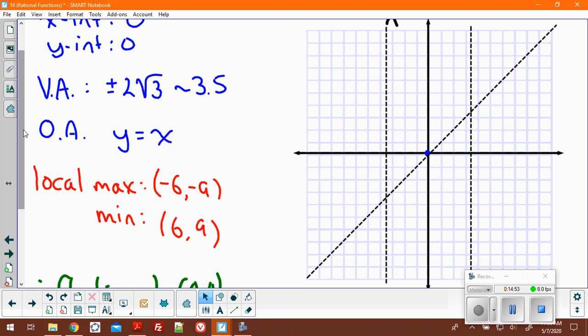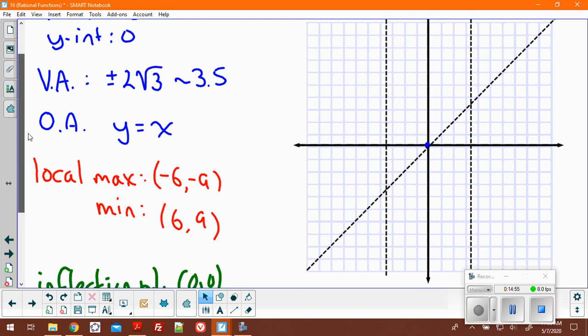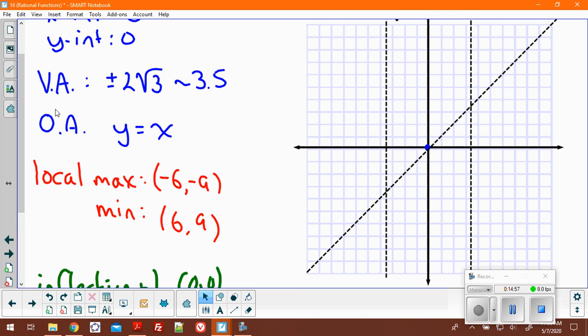So we had a local max and a local min. We have a max at the point 6 and 9, so up here, and a point at -6 and -9, so down here. I have an inflection point in the middle, right there.